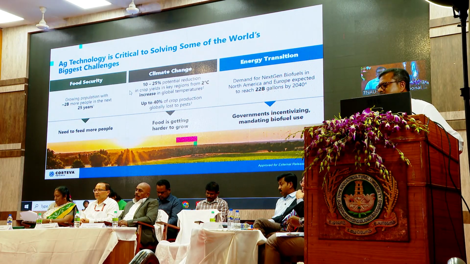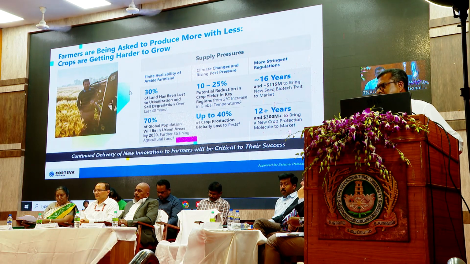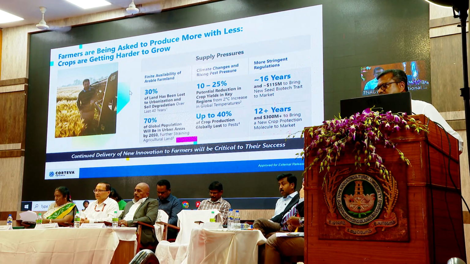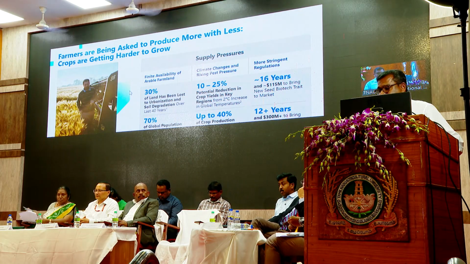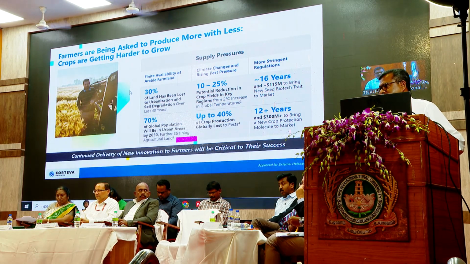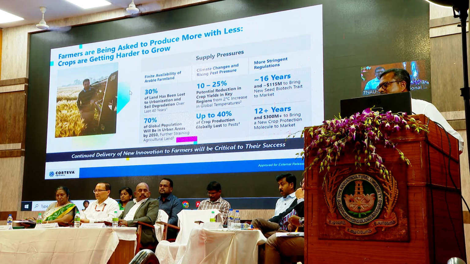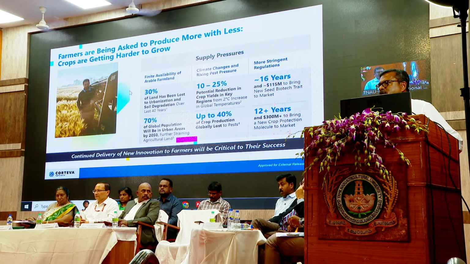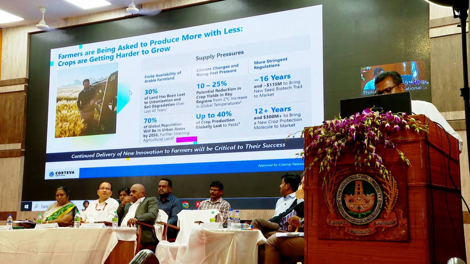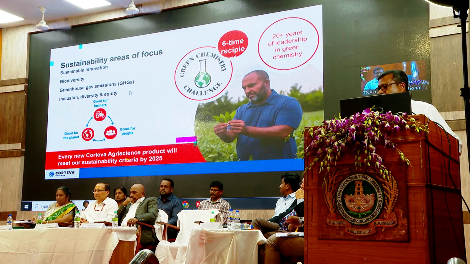So that's also a challenge, and farmers are facing a lot of challenges to match up the yield, because land availability is going down and down, and they are facing a lot of pest and disease pressure, and stringent regulations. For a seed, on an average, it is 16 years, and for crop protection, as Dr. Raman mentioned, it is $300 million, that is 2,500 crores in Indian rupees, with 12 years. So that's how it's taking more time.